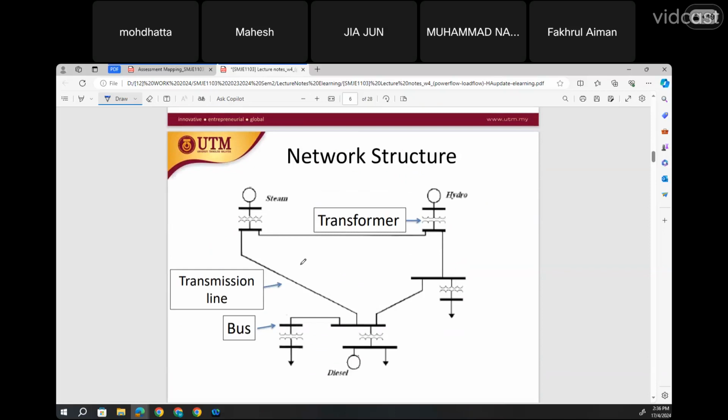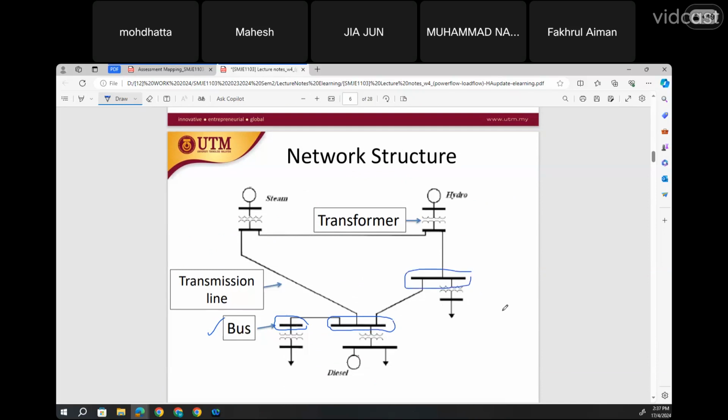And the new keyword to you guys that you have just now is the bus. Where is the bus? Bus is here. Because BUS is bus. If you see this symbol, it is considered as a bus.